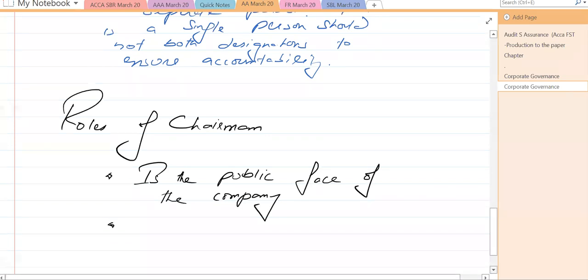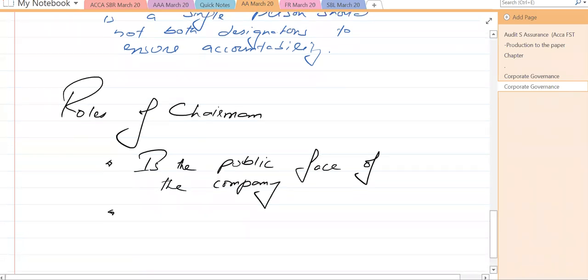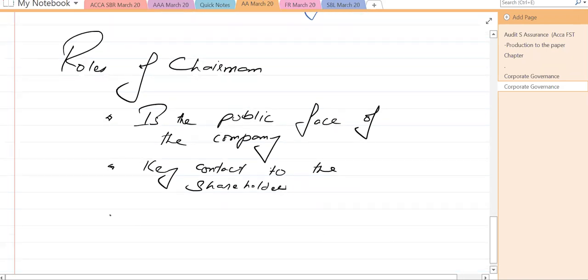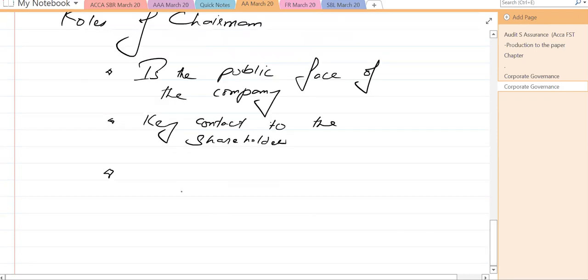Whenever you see someone addressing the press or the media, it is usually the chairman who comes and says something about the company. The chairman is also the key contact to the shareholders. Who is actually reporting everything to the shareholders? It is usually the chairman. Although the chief executive also has direct contact with the shareholders, regarding the monitoring and supervising, it is the chairman.